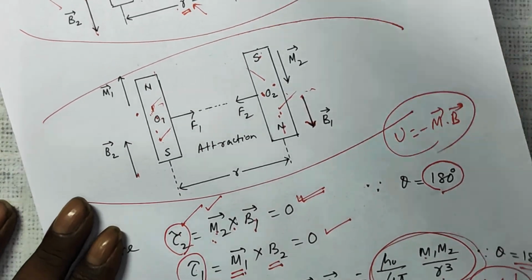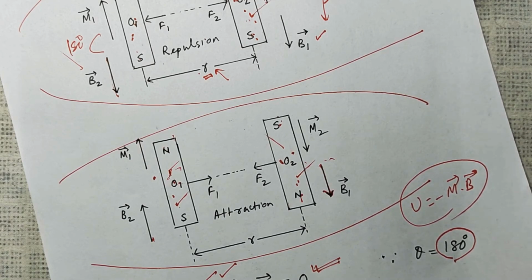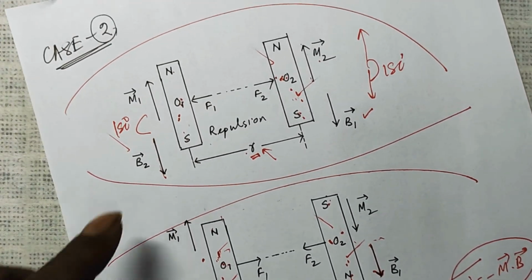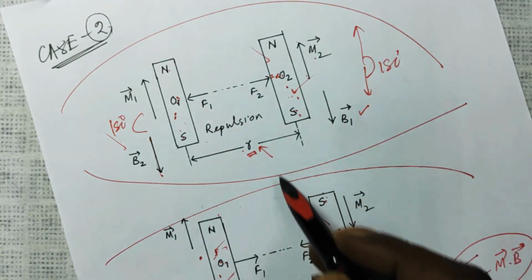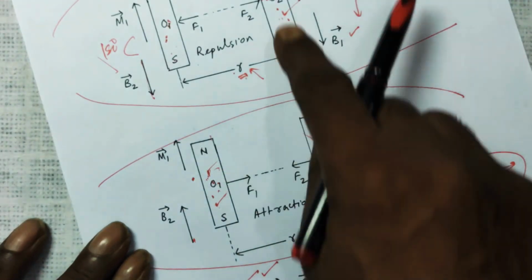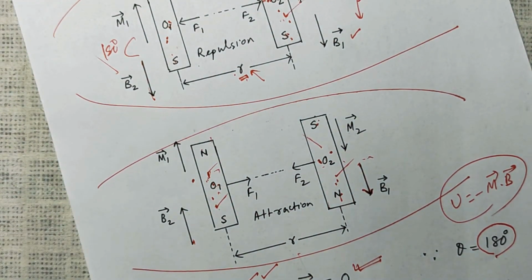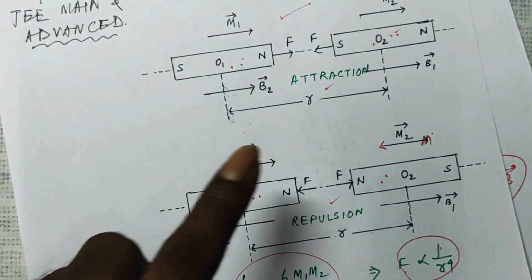Then we are left with only one more case, which I will discuss in the next video. This is a case of repulsion. The distance between the centers is r, but the orientation is like this. The orientation is not like this.